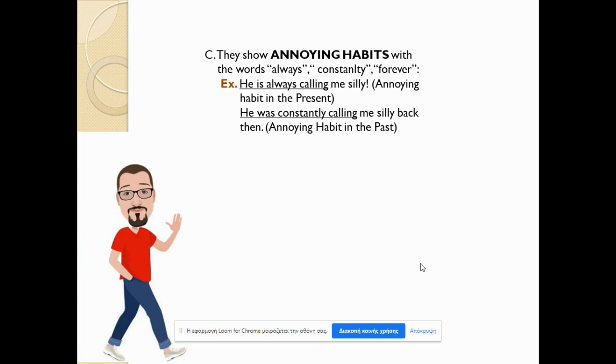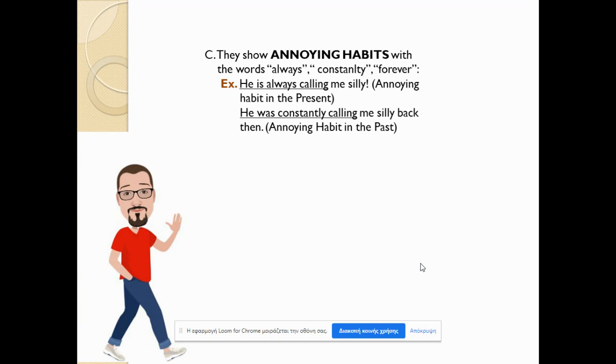But okay, this is what happens, and if I combine the continuous aspect with these words, I have that effect of referring to something annoying, like he is always calling me silly, and I don't like that. Or when I was in college, I don't know, a guy there was the bully of the college, and he was constantly calling me silly back then, and that fact really annoyed me.